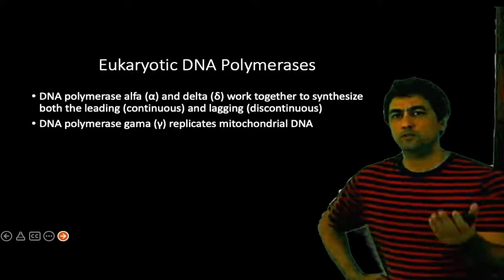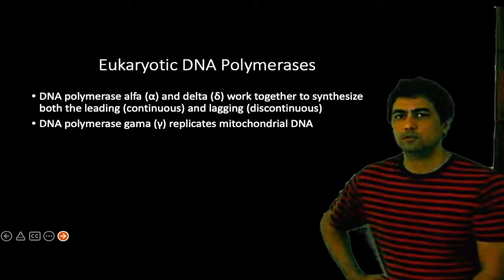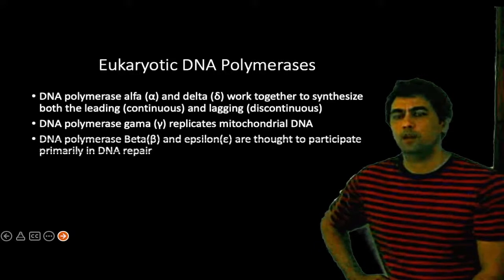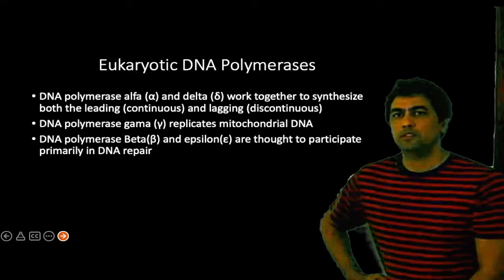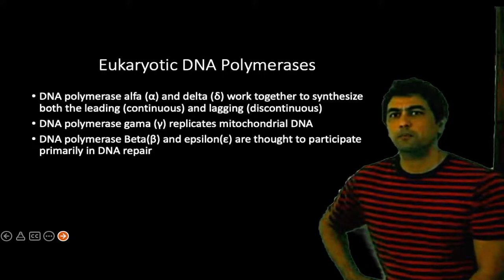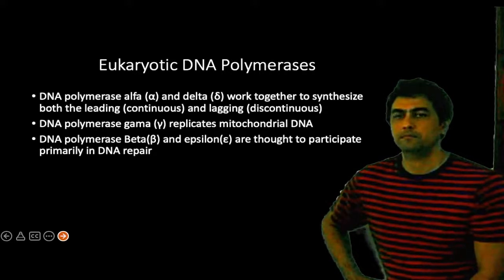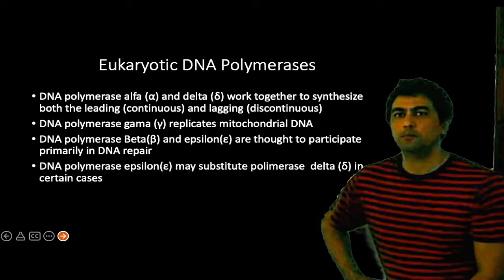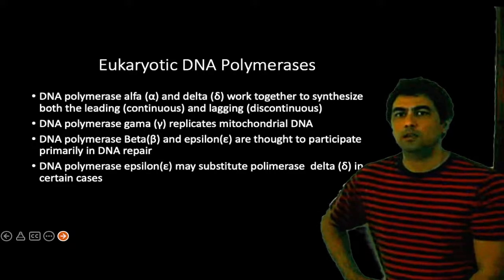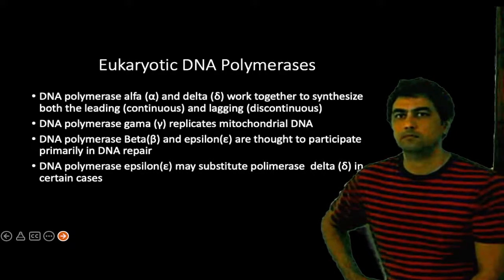Gamma occurs just in mitochondrial DNA. DNA polymerase beta and epsilon are thought to participate primarily in DNA repair. DNA polymerase epsilon may substitute for polymerase delta in certain cases. Okay?